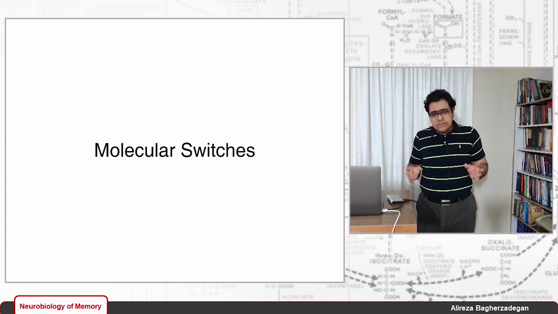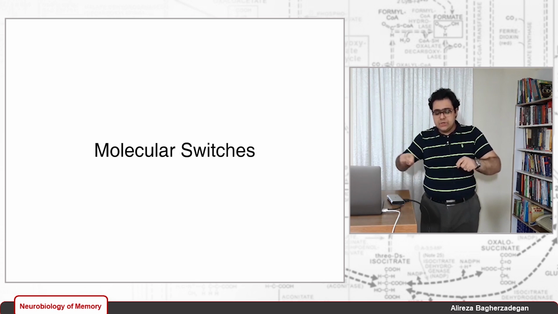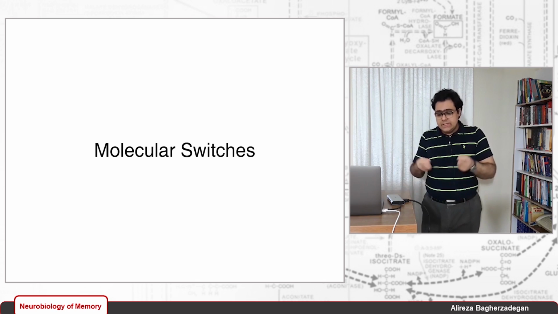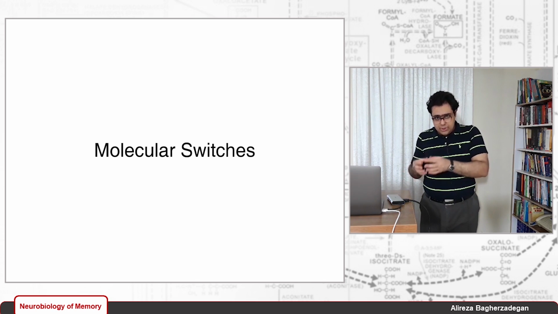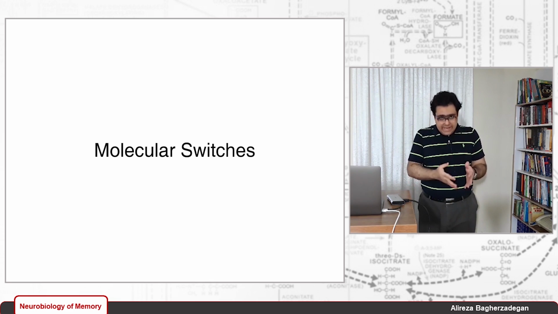There are various kinds of mechanisms by which a single protein is turned on or off. For example, phosphorylation, which is the chemical reaction of adding a phosphate group to a protein or a biomolecule, may make a protein or any biomolecule active or inactive.